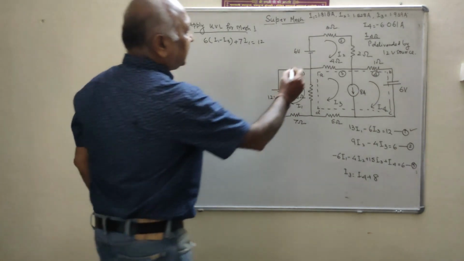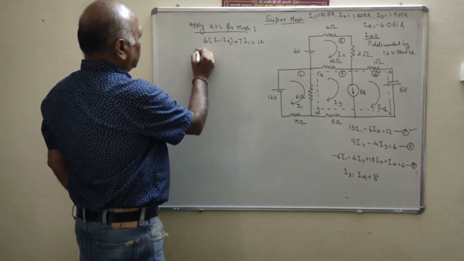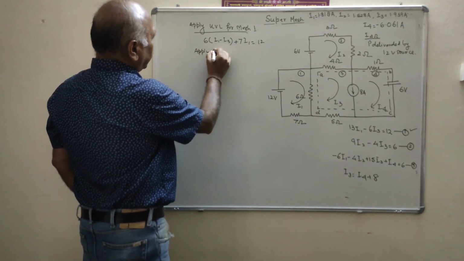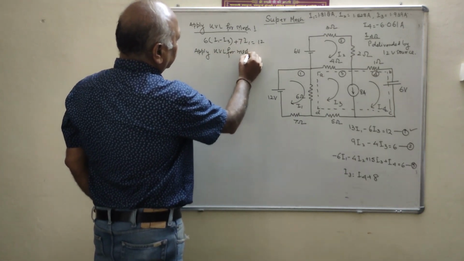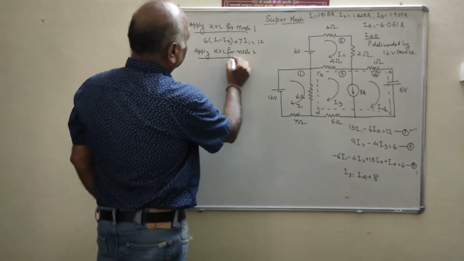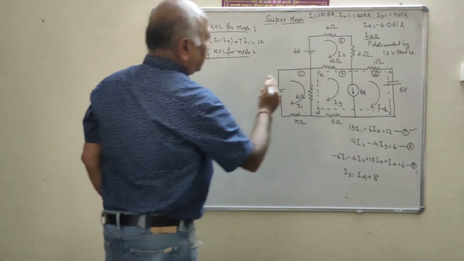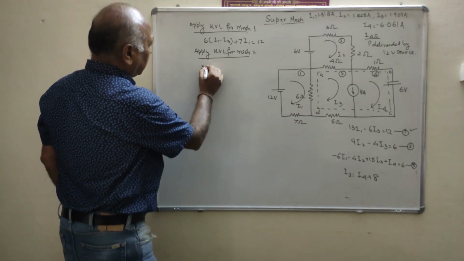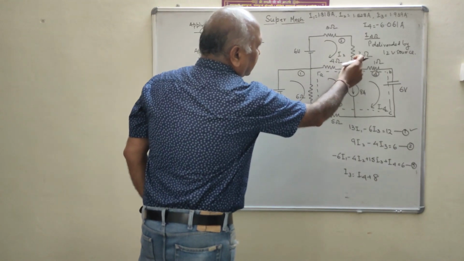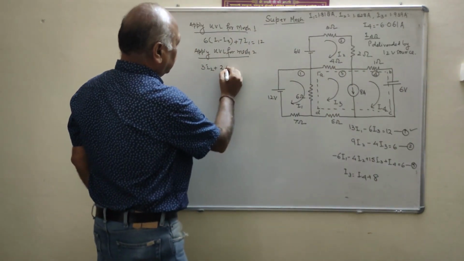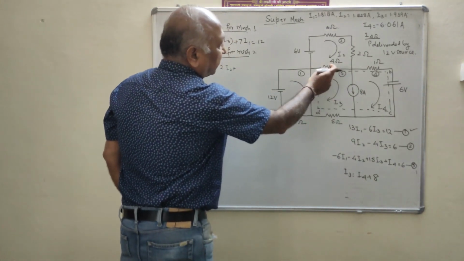Now we will apply KVL for mesh 2. What will be the equation? Here the current is I2, so the drop will be 3 I2, plus the drop of 2 I2. Then what will be the current flowing in the 4 ohm?